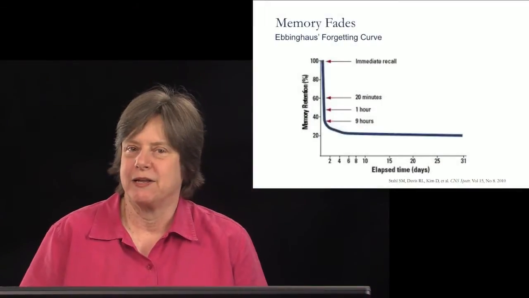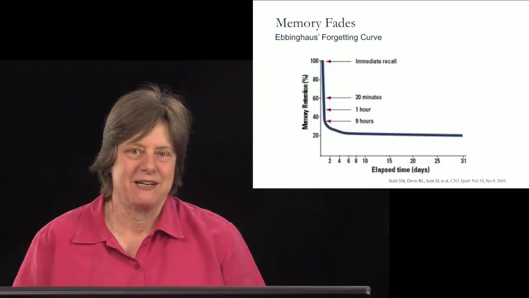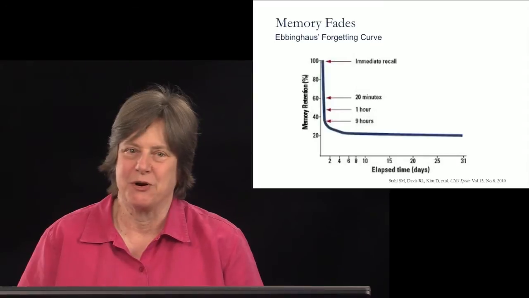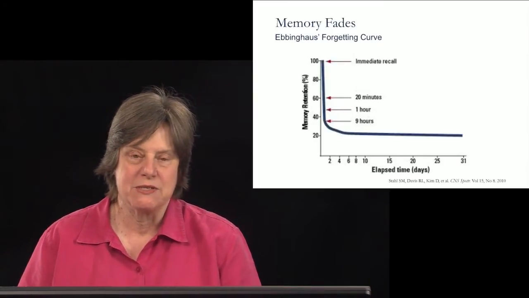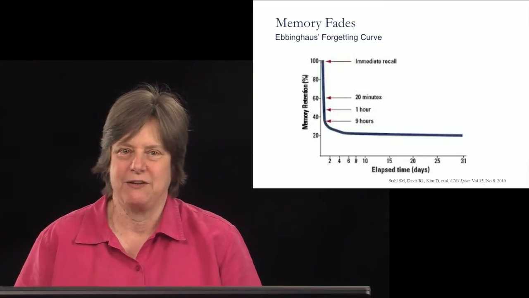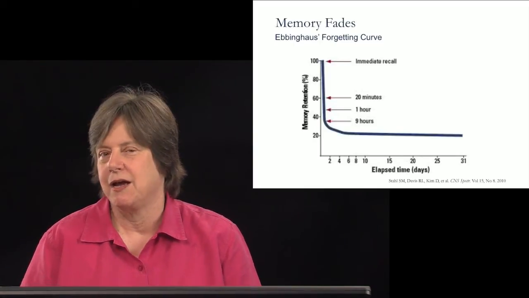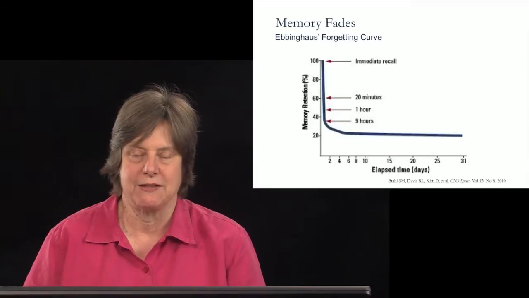So let's go back and think about some early cognitive psychology. I'm going to take you back to the 1870s, and a fellow named Hermann Ebbinghaus was a philosophy student, trying to figure out a way to put some mathematical precision on psychology, which was part of the field of philosophy at that point.